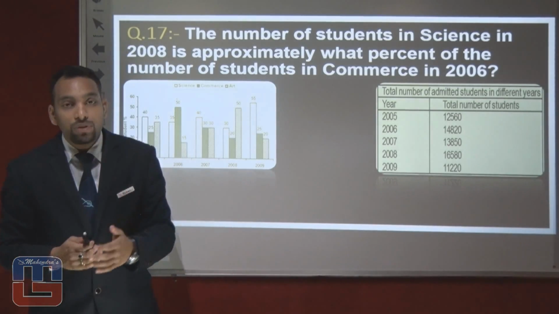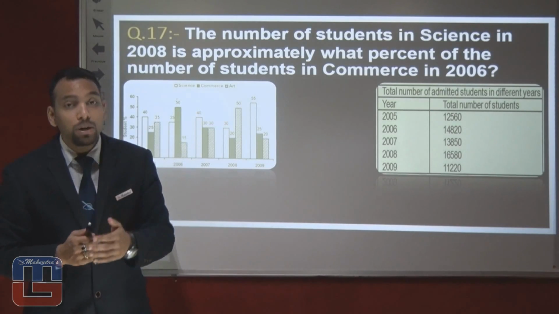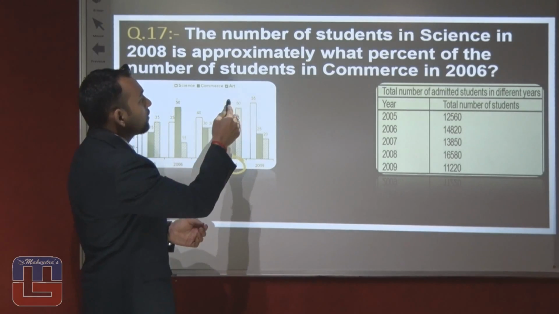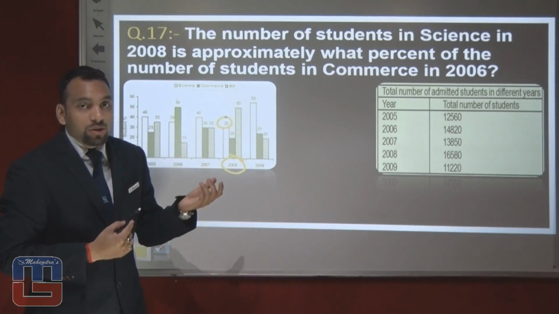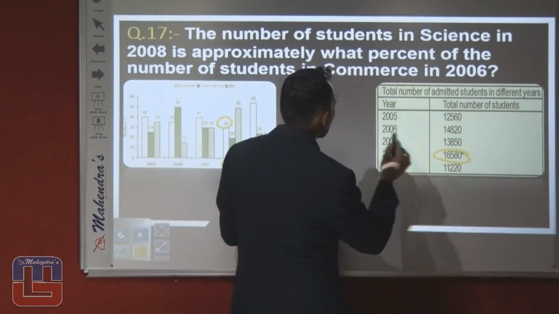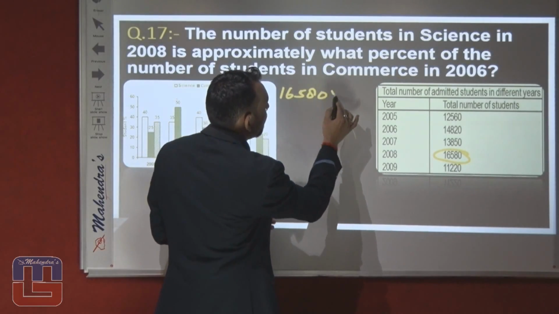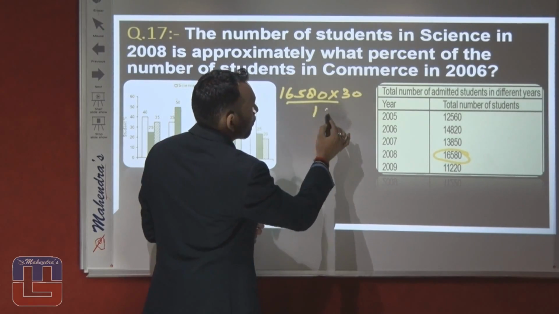Now see, the number of students in science in 2008. Science is how much? 30%. 2008 in science 30%. So 16580 into 30%. If you will calculate this, which means 30 by 100.